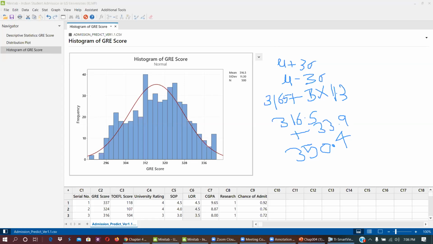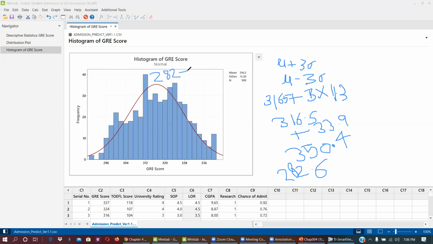Tools, Calculator, right here. 316.5 minus 33.9, which is going to be 282.6.